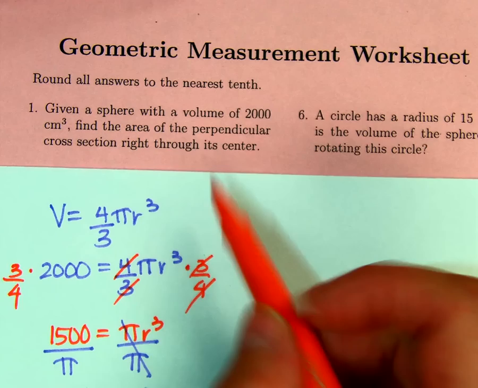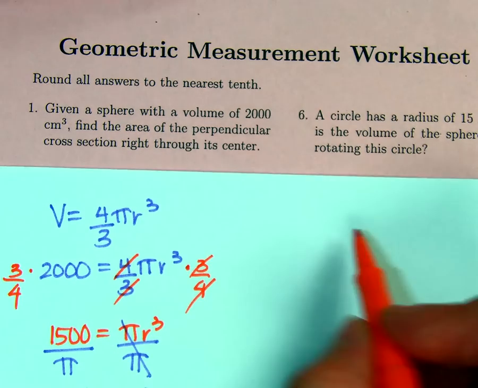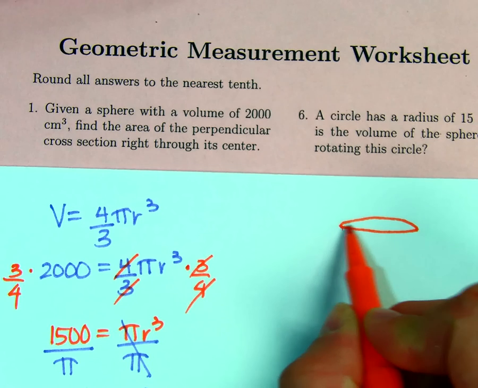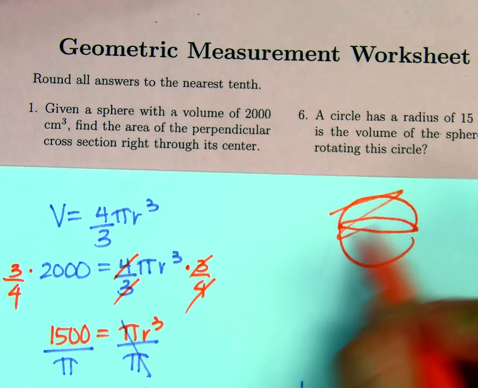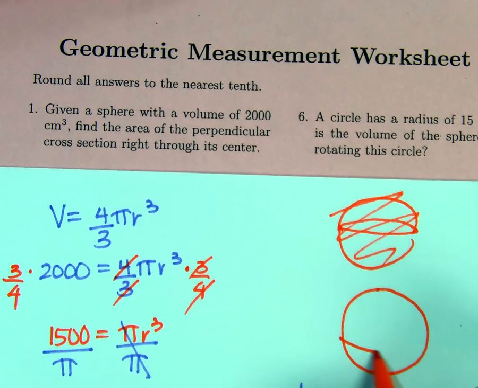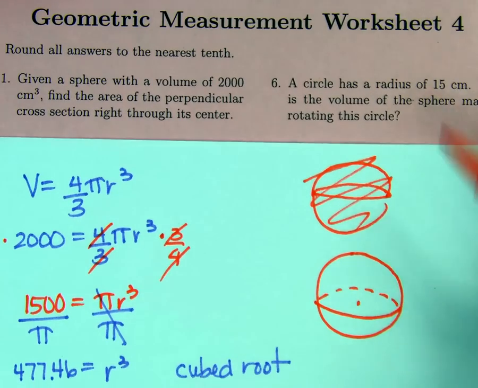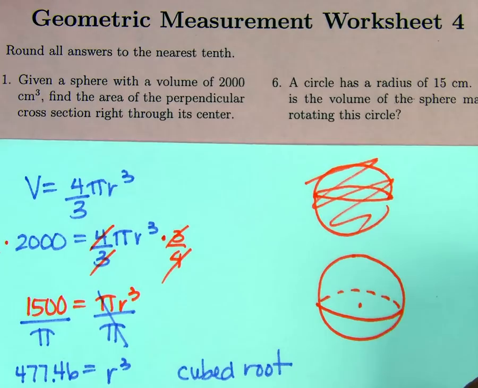And we are trying to find the area of the perpendicular cross section right through its center. So that means that I have, that is a terrible figure. Let's try that again. Okay, so that means I have a sphere, and I am basically doing a karate chop right down the center.